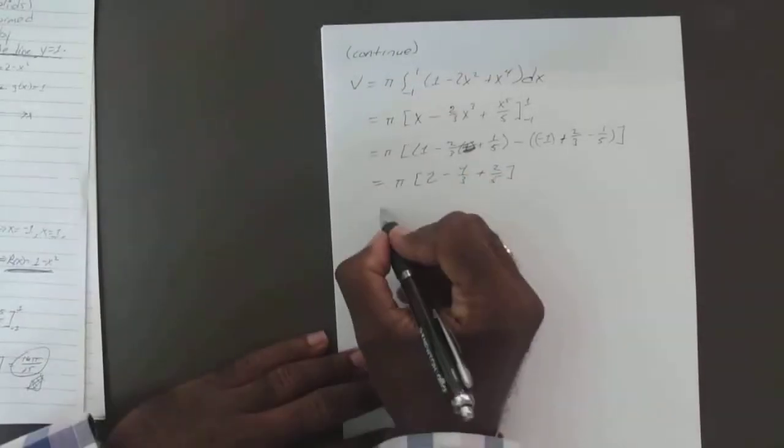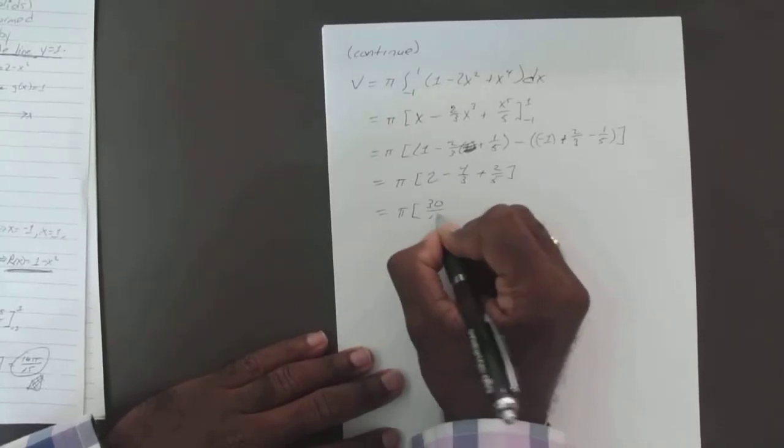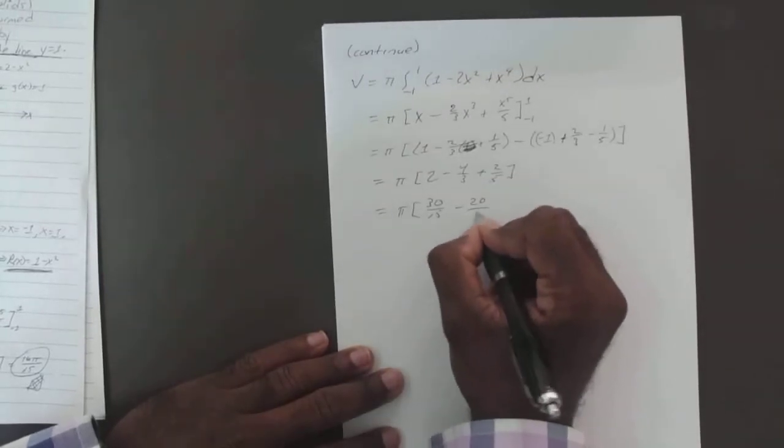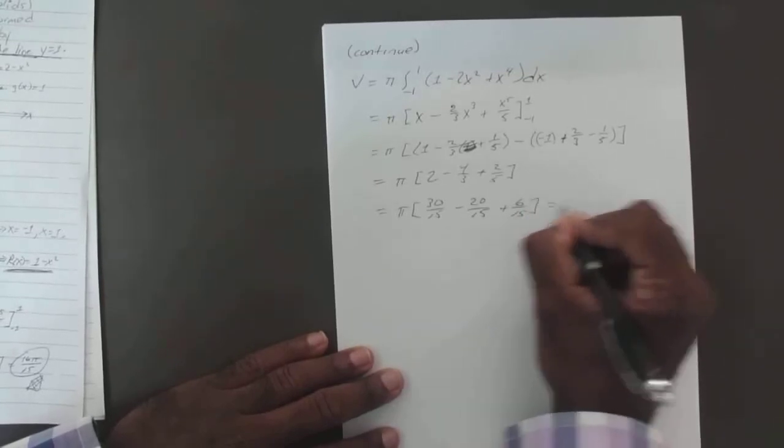and that makes that 2 minus 2/3 minus 2/3, so that's minus 4/3 plus 1/5 plus 1/5, plus 2/5. Okay.